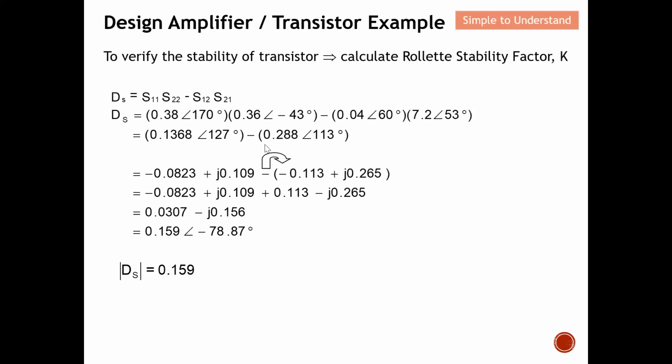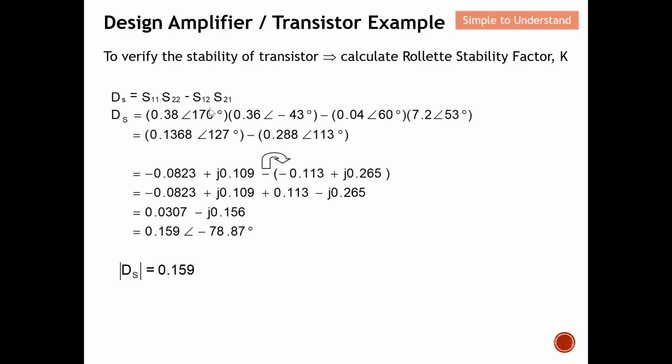In terms of mathematics, I will not be able to say so much, but over here you can see that I multiply these two things together first, and then I multiply these two things. I combine them into here, and then I obtain the equation here. I just need the magnitude, so this delta equals 0.159.